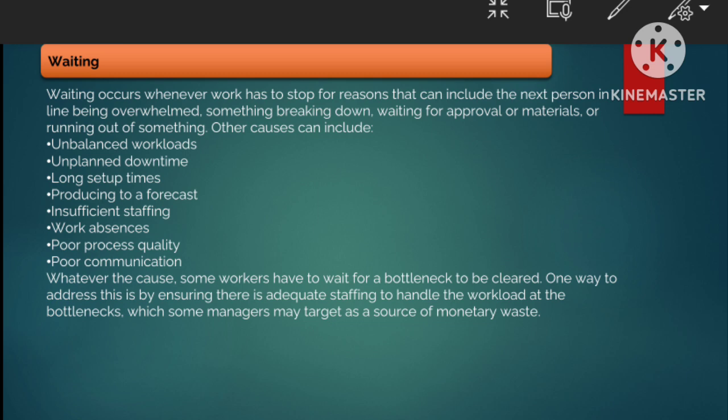When you break down your process into a flow of steps, then you can easily understand in which step or which activity you have more waiting time, and then you can start looking out for solutions.